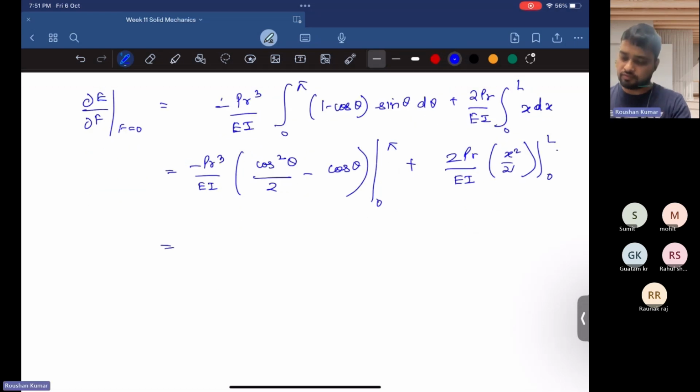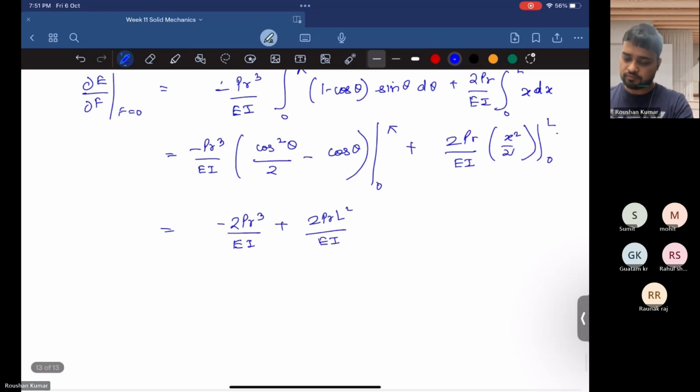Now after solving this, we will get minus 2PR cube upon EI plus 2PR L square upon EI, which equals PR upon EI times minus 2r square plus 2L square.